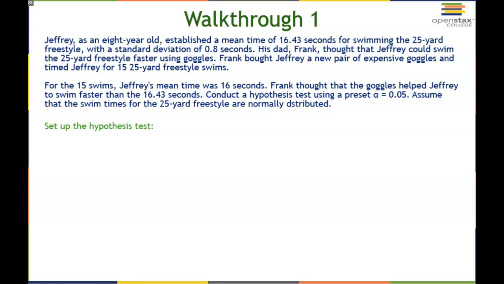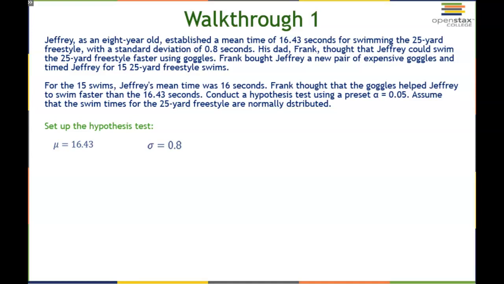Going through the problem, we know that there is an established mean time of 16.43, meaning mu is 16.43. We also know that the standard deviation is 0.8. That is for the population, so it's sigma equals 0.8.